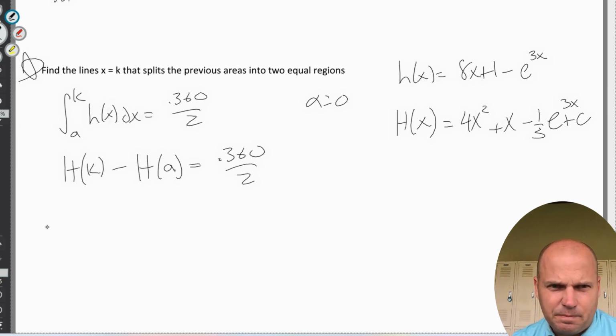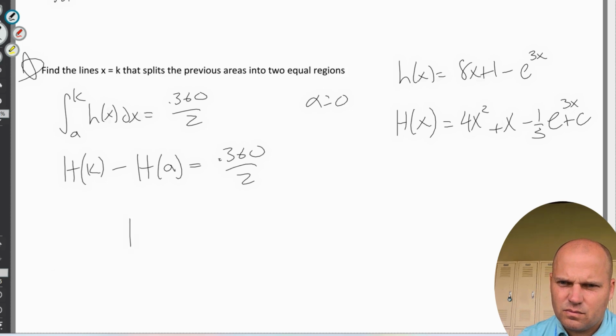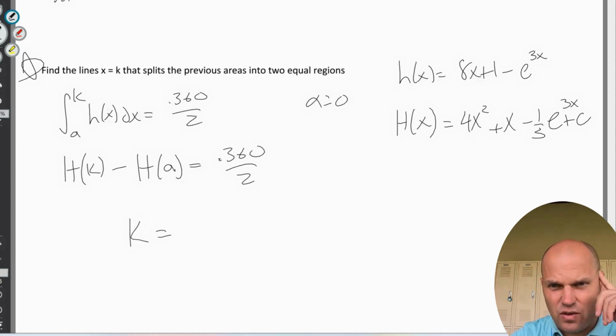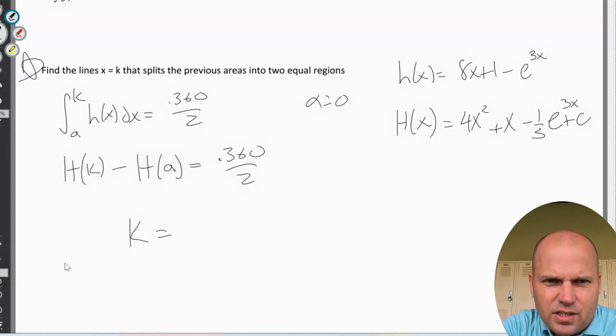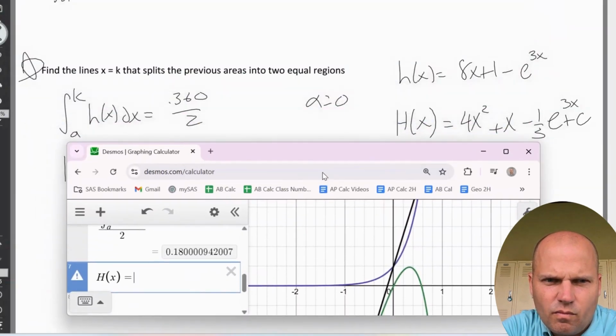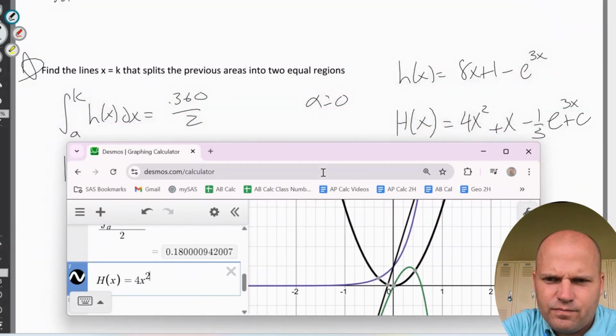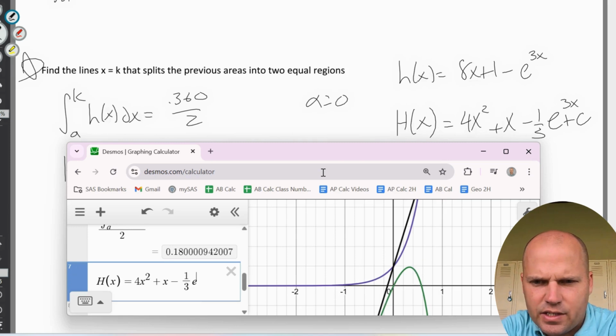Super H of k, I honestly could leave it like this. And I could solve. Watch. Let's do it. Super H is 4x squared plus x minus 1/3 e to the 3x.